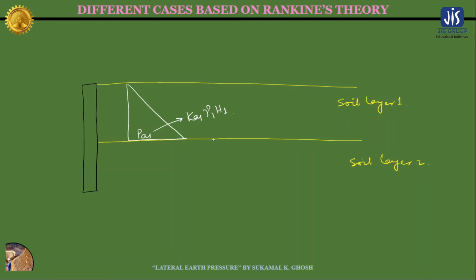And since this first soil layer is acting as a surcharge, due to surcharge the Pa2 is acting, which equals Ka2 gamma 1 into H1.